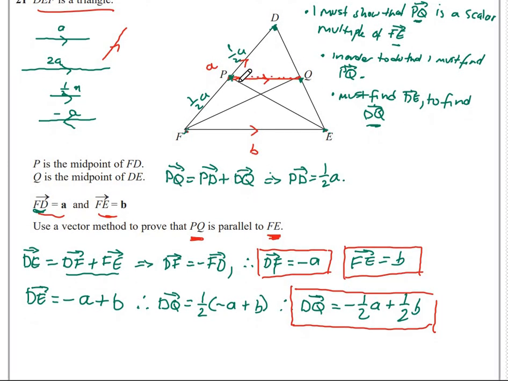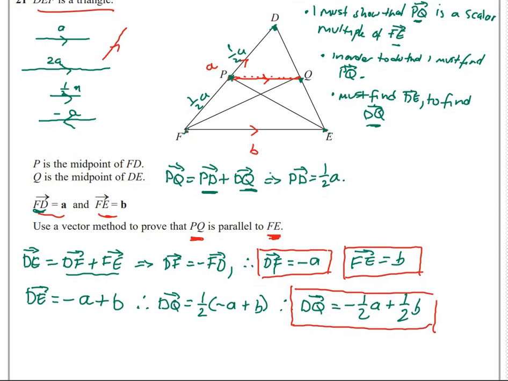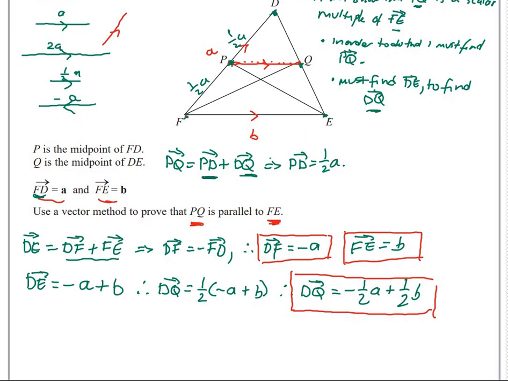And PQ equals PD, which is this part here, plus DQ. So where is our PD? PD is there. I should have highlighted that. So I have PD here and I have DQ.